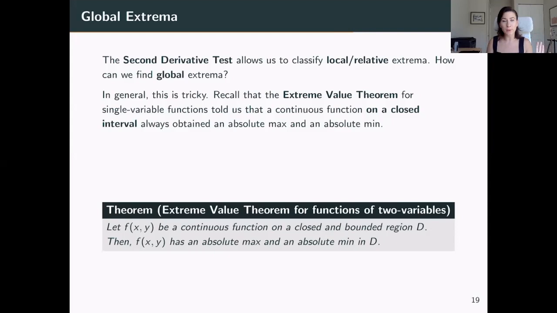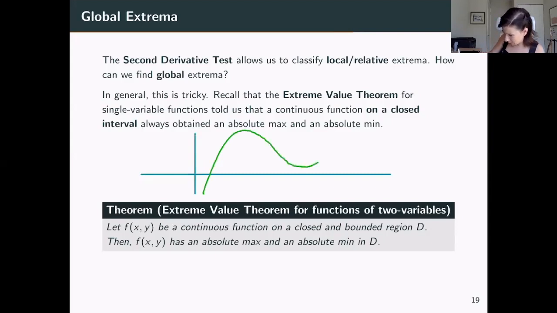And so you can remember from 111, the extreme value theorem said that if a function was continuous on a closed interval, we knew we would obtain a global max and a global min on that closed interval. So to draw that out, if we had any kind of function, say something like this, and we were evaluating it on an interval, say a to b.